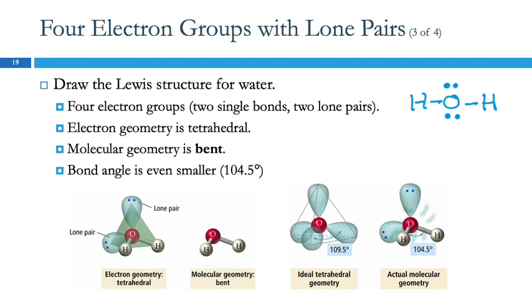A lone pair is a group, and a single bond is a group. We have 2 of each, so 4 groups. What do 4 balloons do? Make a tetrahedron. So here, this is going to make a tetrahedron, but now 2 of the balloons are invisible. So here's my tetrahedron, and I made 2 of those invisible, the lone pairs.